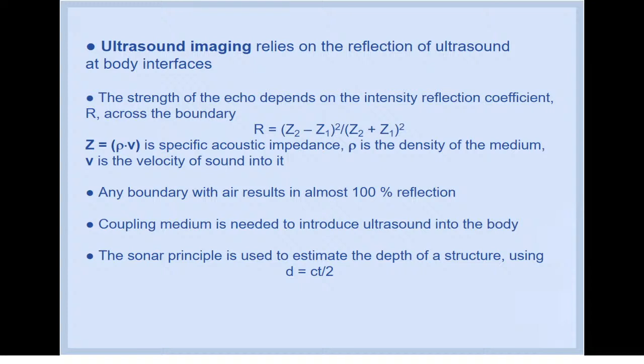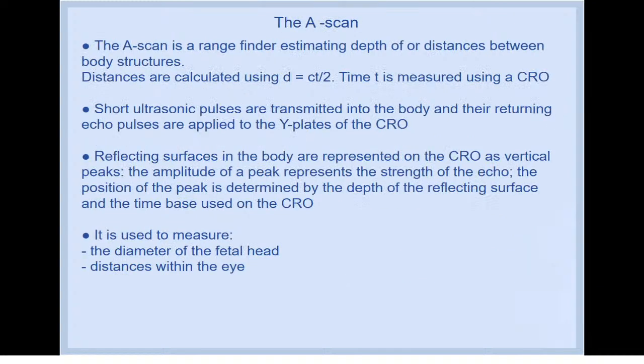This means that a coupling medium is needed to introduce ultrasound into the body. The sonar principle is used to estimate the depths of a structure using this formula. An example of that investigation is the A scan.